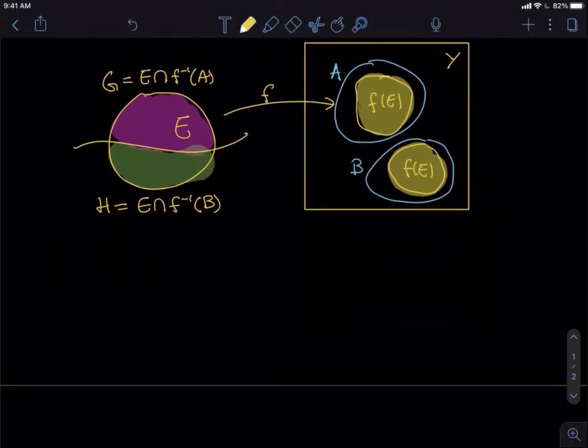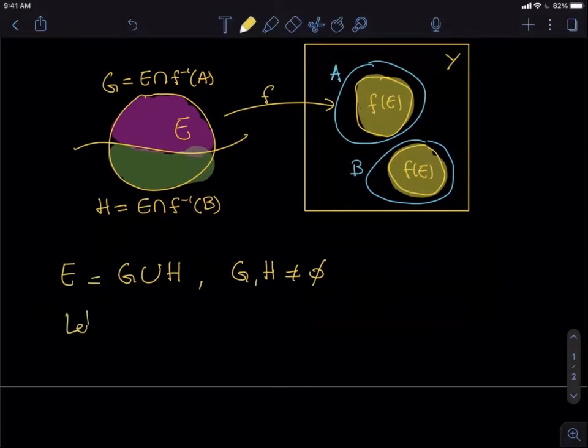All right, so when I write it like this, then E is the union of two pieces, G and H, and both of them are non-empty, because of the way this is constructed. And here, let us show that G and H are separated.